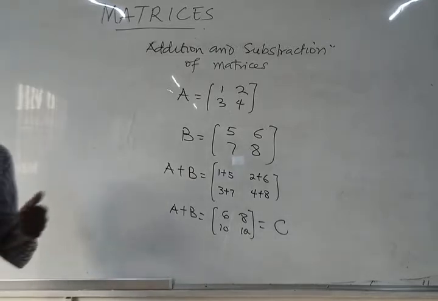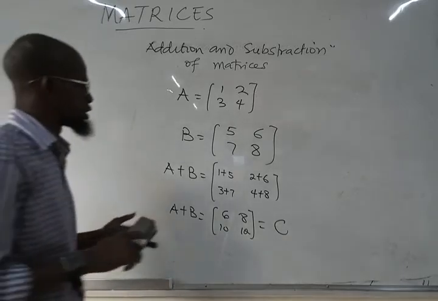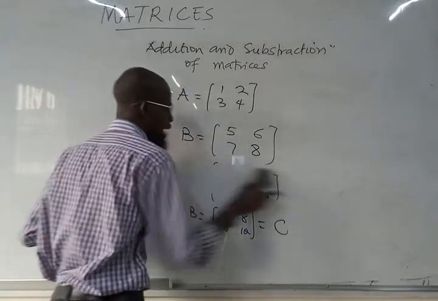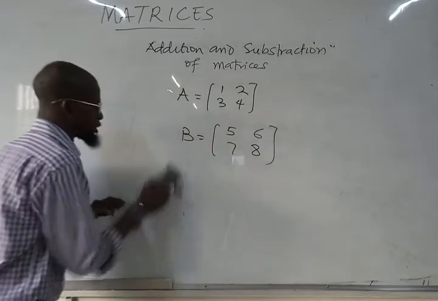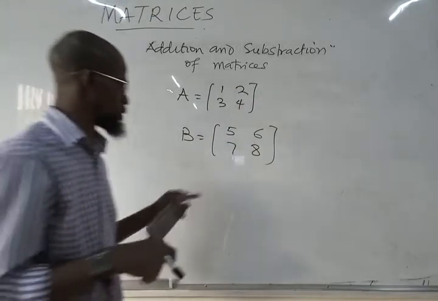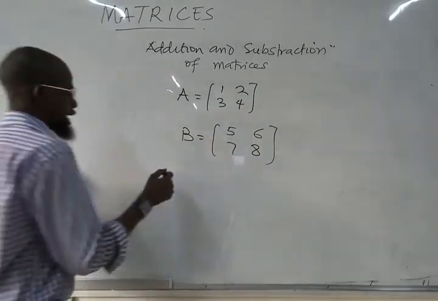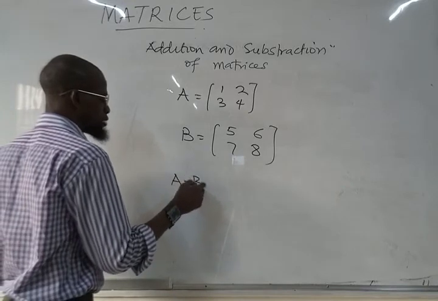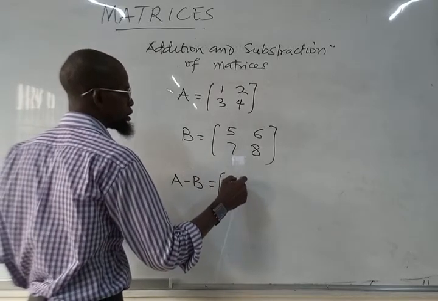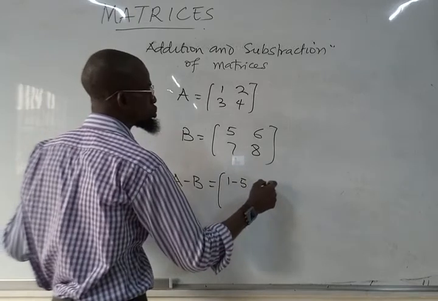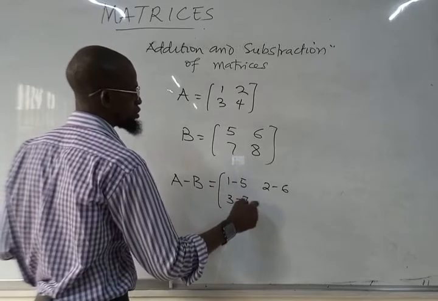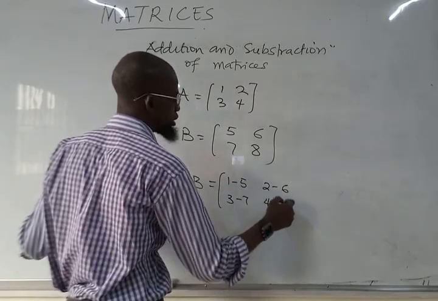So let's use the matrices that we have. Supposing we have matrix A to be 1, 2, 3, 4, and matrix B to be 5, 6, 7, 8, then I can now find the difference between matrix A and B. That will give us 1 minus 5, then 2 minus 6, then 3 minus 7, then 4 minus 8.